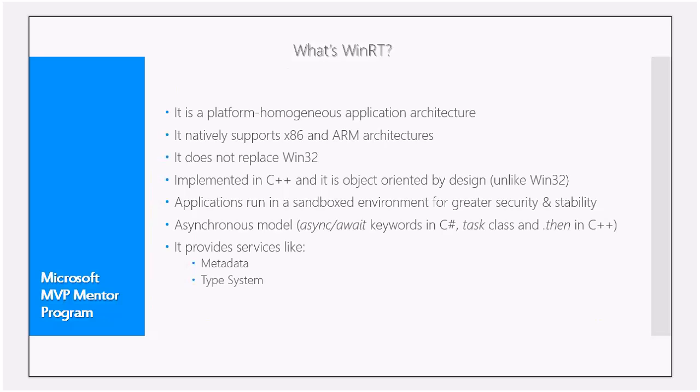WinRT also provides services like metadata in a unified type system. That's why you can write code, have a class declared in JavaScript, and that object can also be reused from C++ or C#.